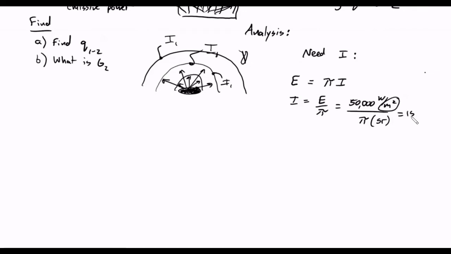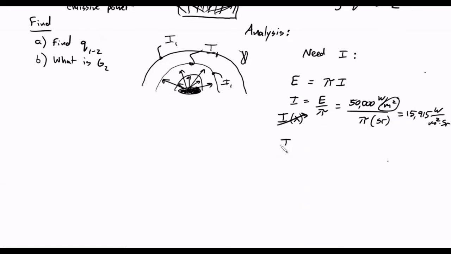Okay, so when we do that, we get 15,915 watts per meter squared steradian. Watts per meter squared steradian would be the units of intensity if it's not spectral intensity, right? So we are not looking at wavelength anywhere in here. We're just assuming that we've already integrated over wavelength. And so these are the units we should expect for intensity.